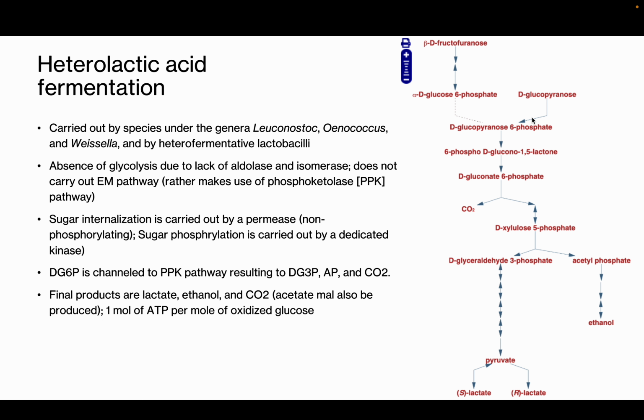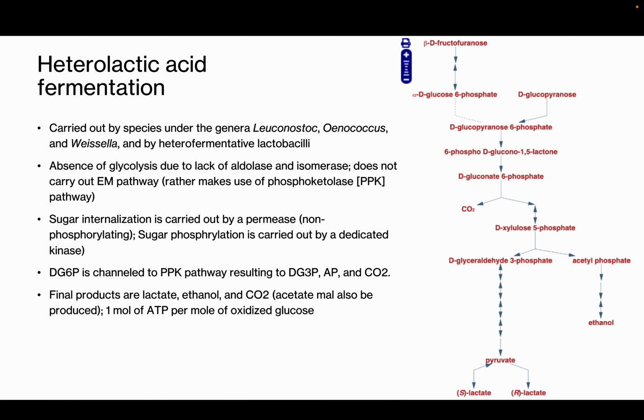Then for heterolactic acid fermentation, species that carry out this pathway include those within the genera Leuconostoc, Enococcus, and Vizela, and some lactobacilli that are known to function in heterofermentative conditions.